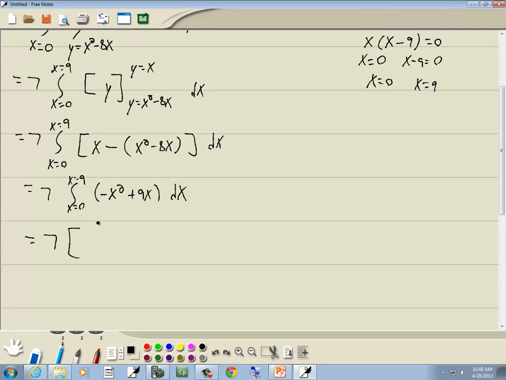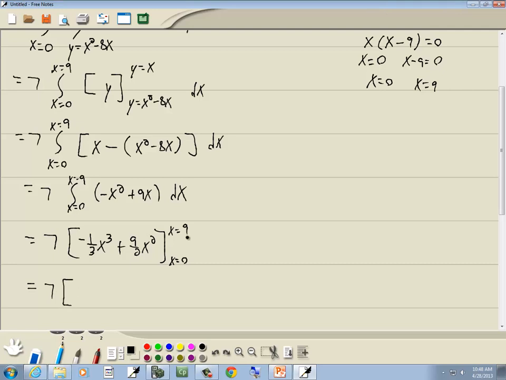Okay, 7 stays out in front. Add 1 to our power, divide by our new power, so we got negative 1/3 x to the third plus 9/2 x squared from x equals 0 to x equals 9.